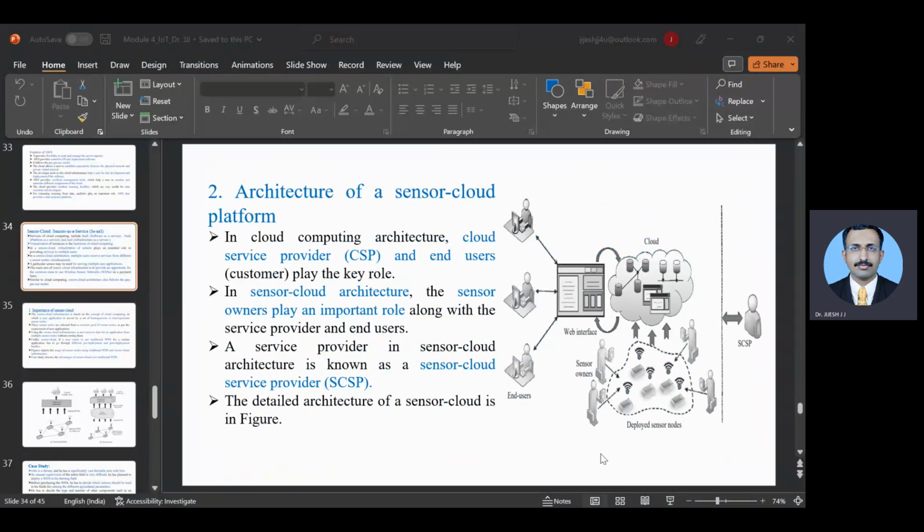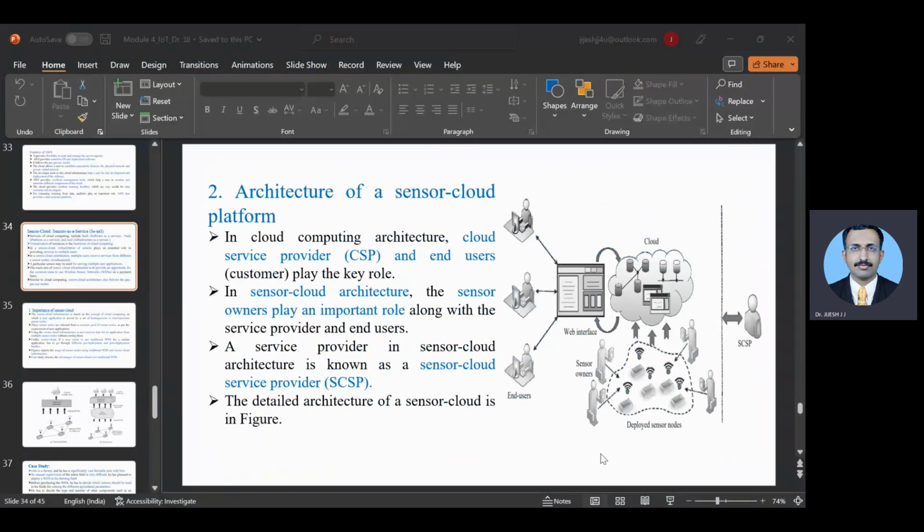You can see in the figure the deployment of nodes here, and here it may be the sensor nodes. The sensor nodes are deployed for measuring any of the sensing parameters. It can be for the surveillance of a home, or it can be for deployment of sensors to agriculture land, whatever it is. It depends on the user.